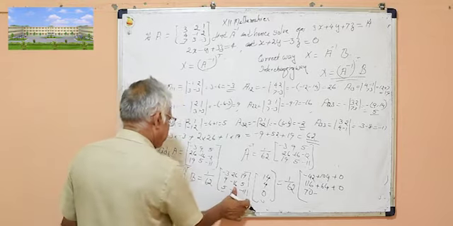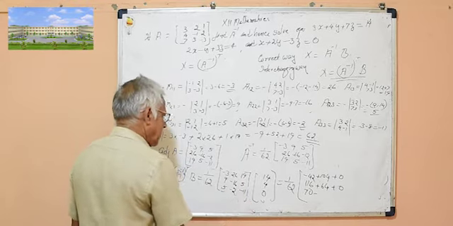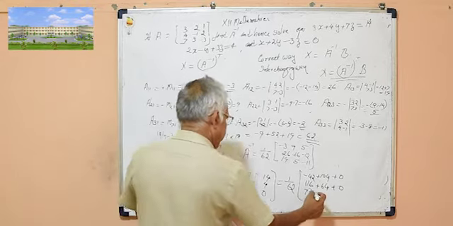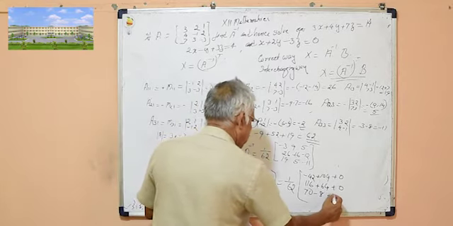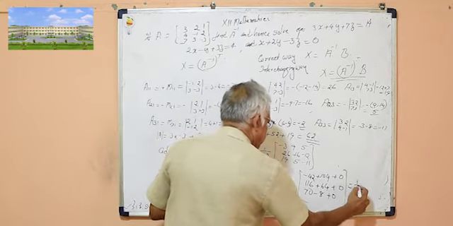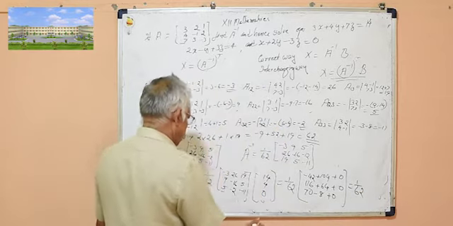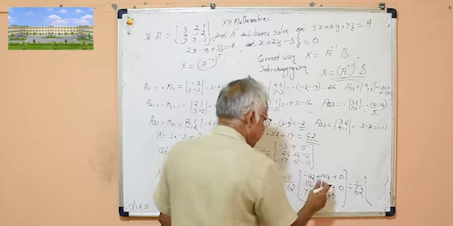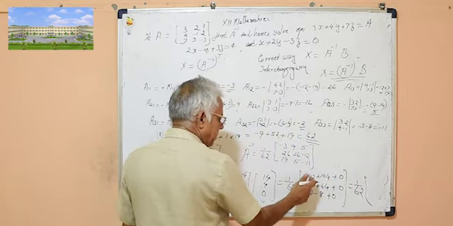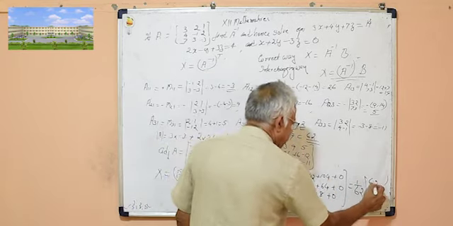Sorry, this is 2. Minus 2 into 4, minus 8; minus 11 into 0, 0. Then the answer is equal to 1 by 62 into 104 minus 42, 62.